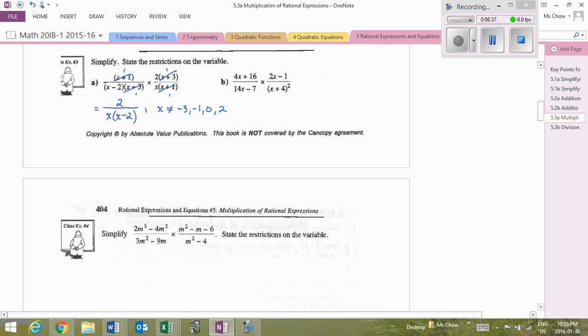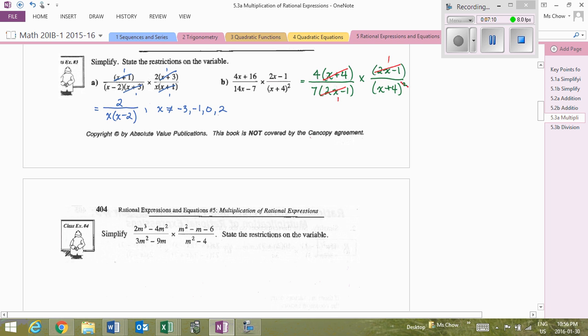So we need to do a little bit of factoring. We've got a common factor of 4, so that leaves me with x plus 4, and common factor of 7, leaving me 2x minus 1 times, conveniently, 2x minus 1 over, convenient again, x plus 4 all squared. And so with that, we know we can cancel out 2x minus 1 over 2x minus 1 and x plus 4 with one of these x plus 4's.